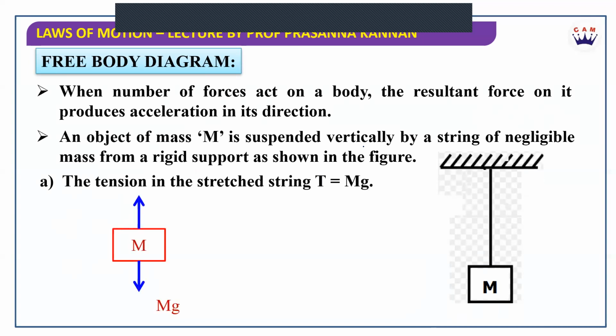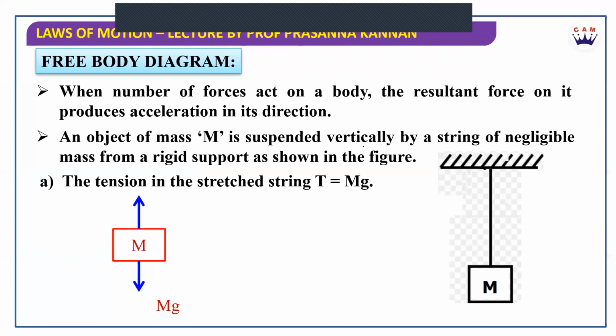Now you can see when a number of forces act on a body, the resultant force on it produces acceleration in the direction of the resultant force. For example, you have a mass which is connected by a string to the ceiling. Now, can you tell me what are the forces on this mass? We did it for the bulb yesterday. Acceleration due to gravity is there. Because of that, mg, gravitational force, will act in which direction?